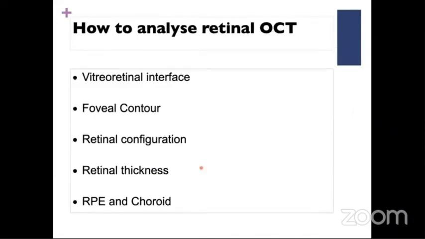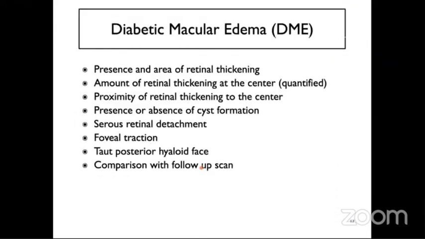Coming to the analysis of a retinal OCT, broadly we analyze under the following headings: retinal interface, foveal contour, retinal thickness and retinal configuration, and RPE choroid complex. Whenever there is an OCT image, we have to try to analyze it in these categories.